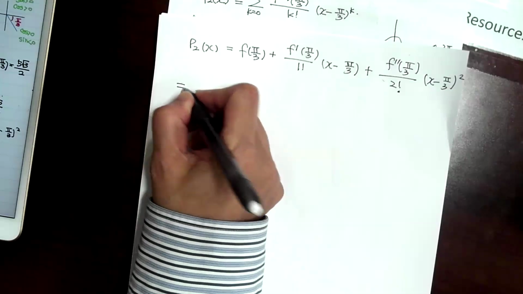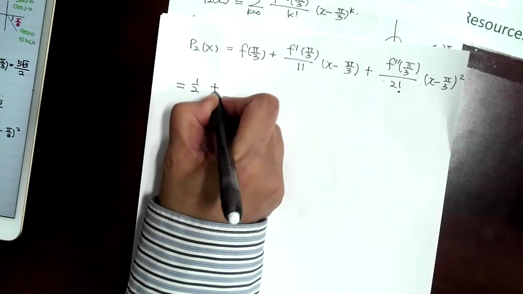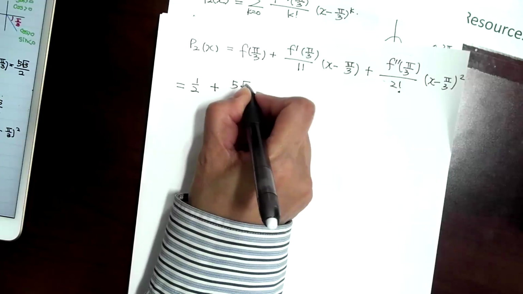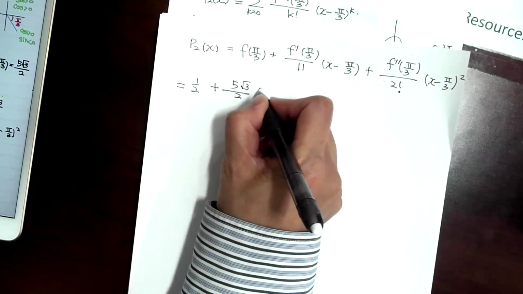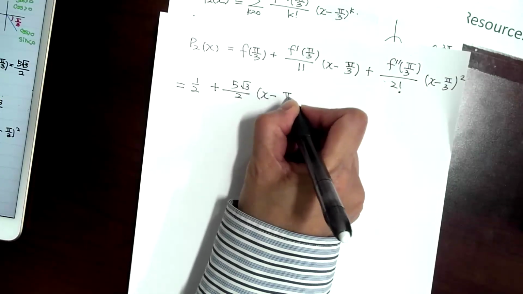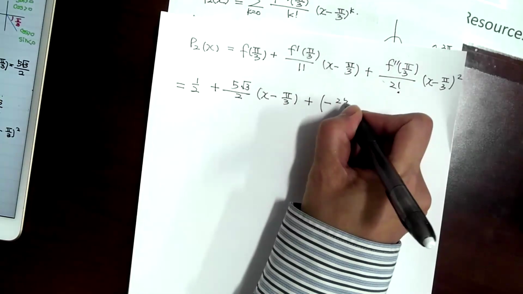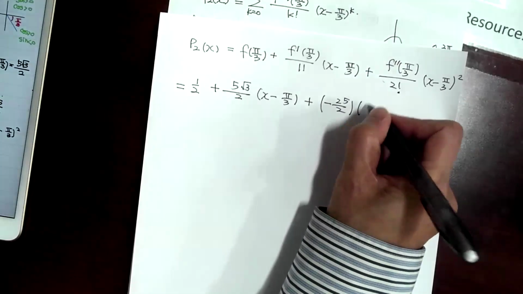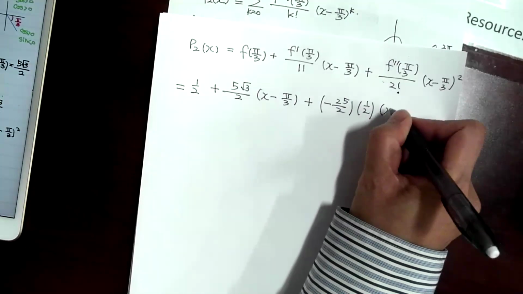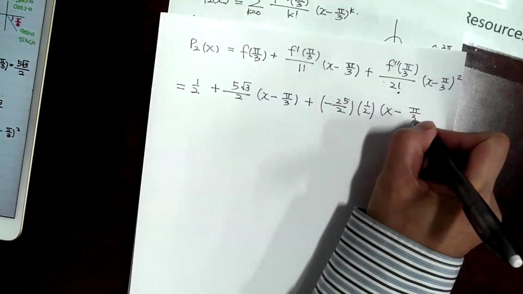This is 1 over 2 plus 5 square root of 3 over 2 times x minus pi over 3, plus minus 25 over 2 times 1 over 2 times x minus pi over 3 squared.